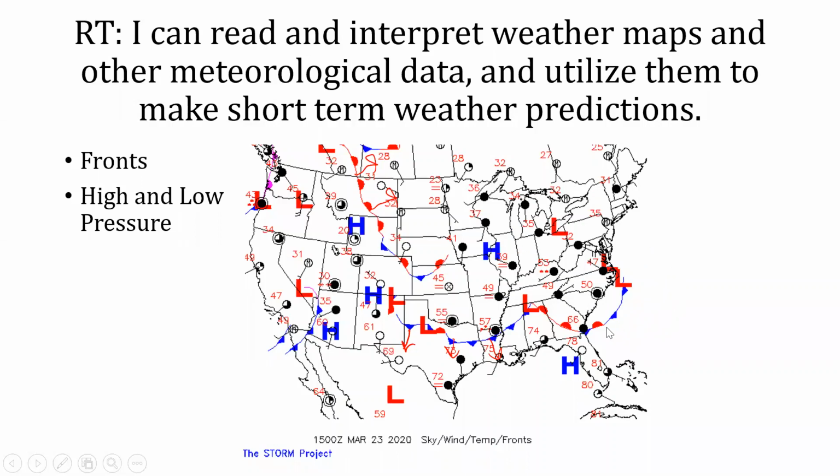We expect that to generate cloudy and rainy conditions, and high pressures we expect to be a bit more clear. So if you were to examine a map, you ought to be able to figure out where to expect rain, where to expect clear skies, and how the weather is going to change in the near future based on the location and the movement of different fronts.